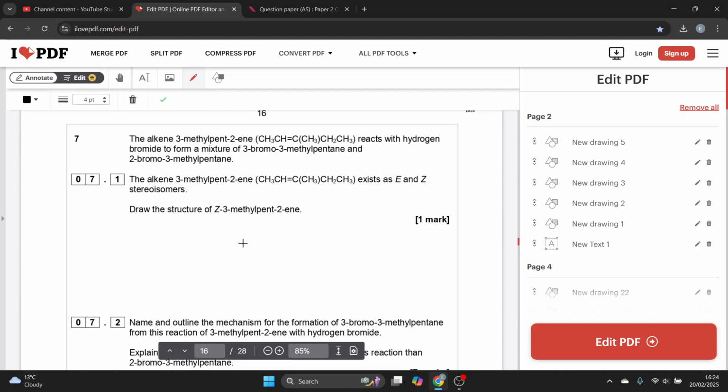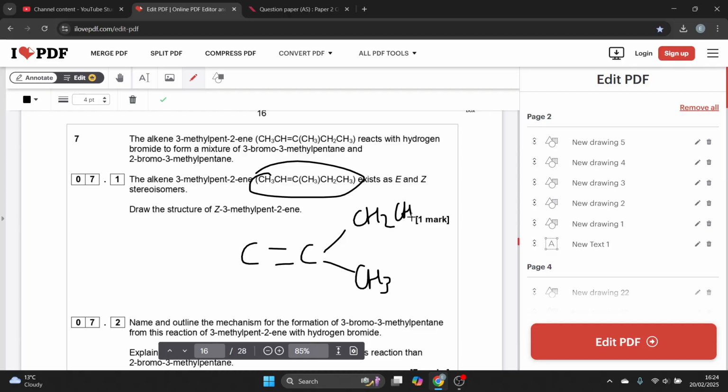Draw the structure of Z-3-methylpent-2-ene. So we've got a carbon-carbon double bond. We've got an H and a CH3, and then we've got CH3, CH2, CH3. They're on the same side, so something like that.